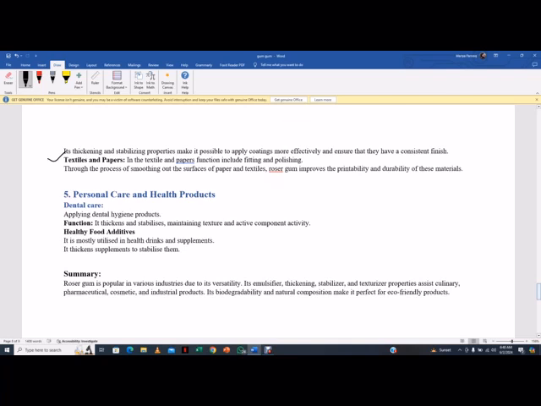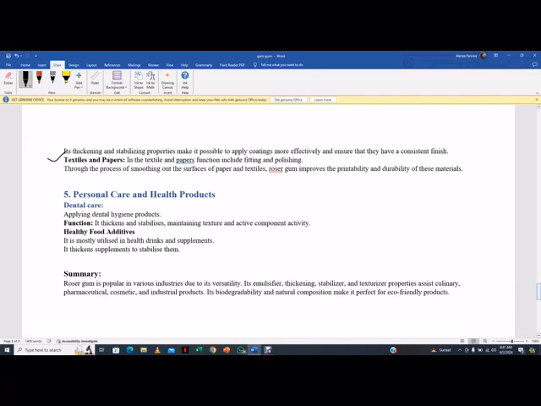The next application of the gum roser is in personal care and health products. Roser gum is also found in personal care and health products like, first, dental care. In dental care products like toothpaste and mouthwashes, it thickens and stabilizes the formulation. As a dietary supplement, it acts as a natural thickening and stabilizing agent, maintaining consistency and stability.